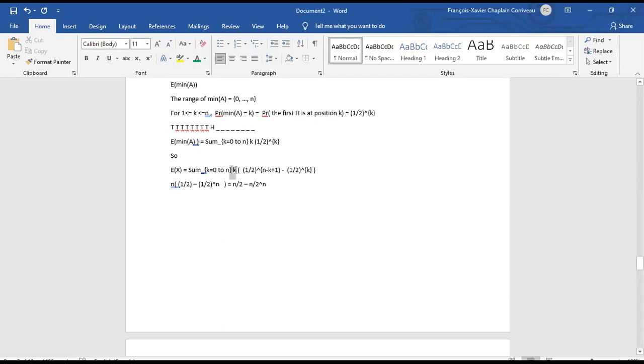When I plug in n, all I did is plug in n, and then I have the rest of my summation still, right? So the expected value of x, I do this properly, is equal to the last term of my summation, which is this thing here, plus the remaining terms of my summation. So now what I did is I pulled out the last term.